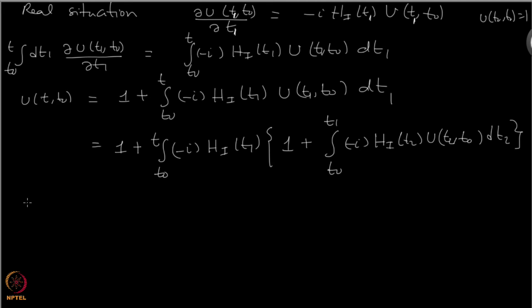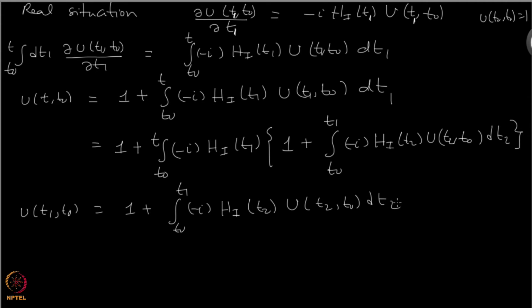Let's check whether everything is correct. So maybe it will help to write this for u of t1, t naught. This will be 1 plus integral t naught to t1, so I am replacing t by t1 in here, minus i Hi. Now this was a dummy variable, an integration variable, so that I change, and you see this is what I have put in here.